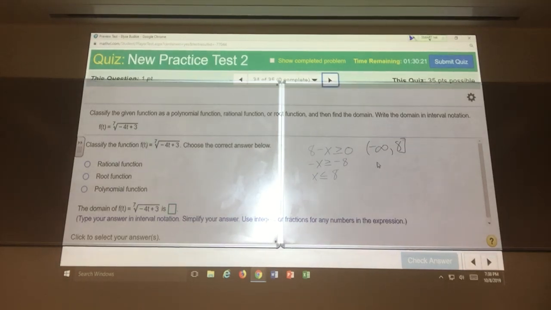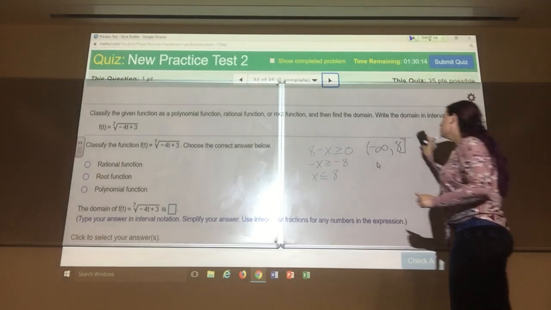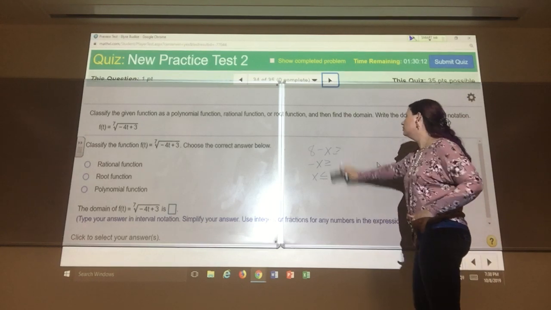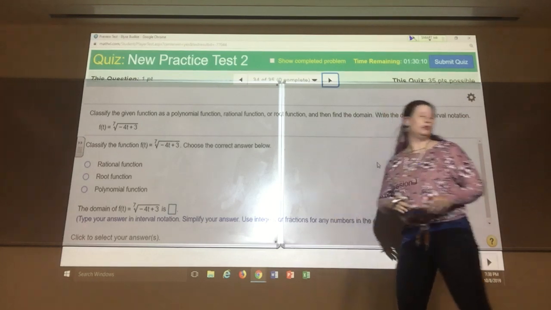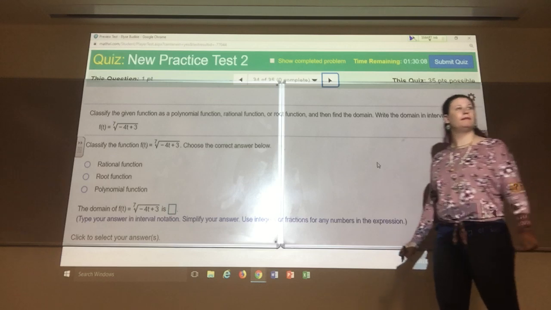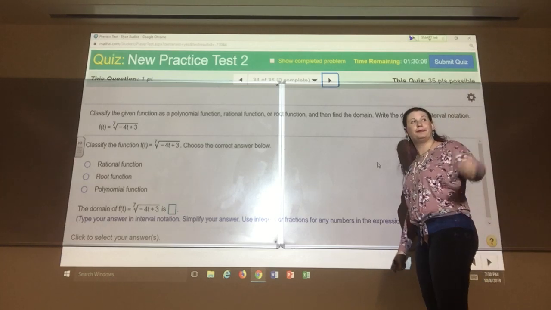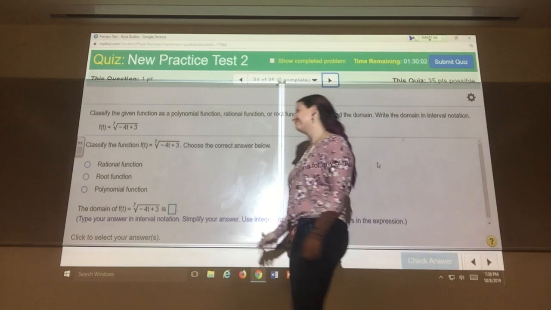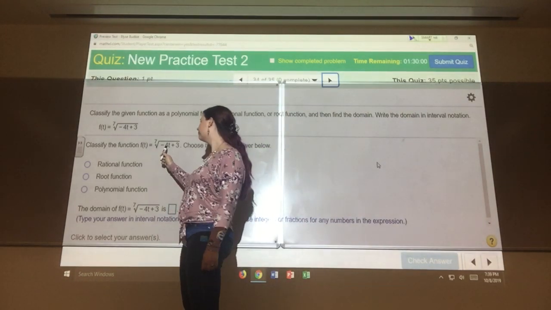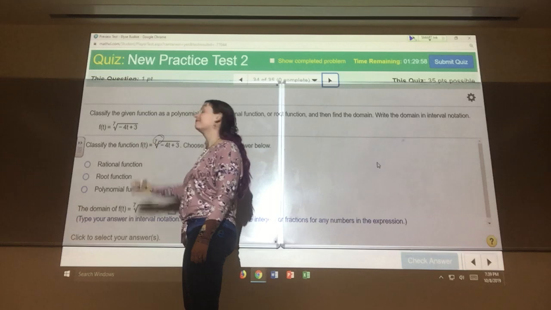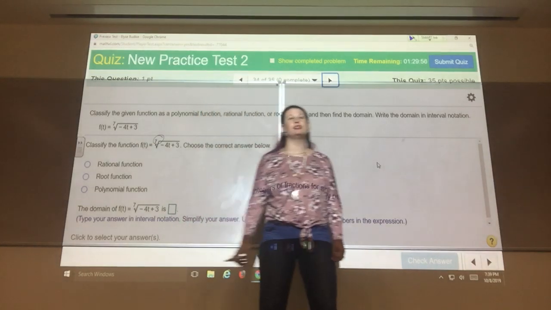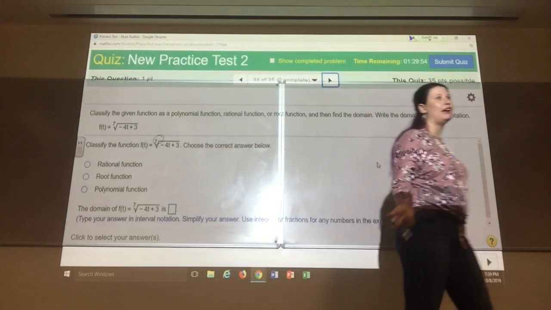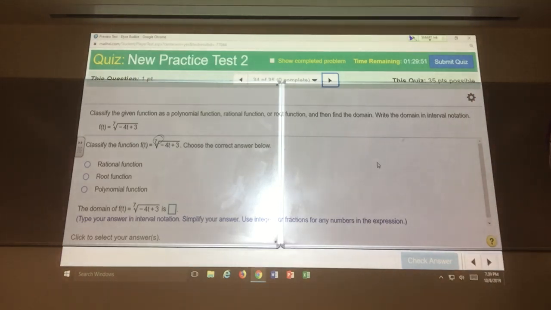What about this? It's another root. Since the root is odd, anything would work on the inside, because odd roots can have negative insides, right?